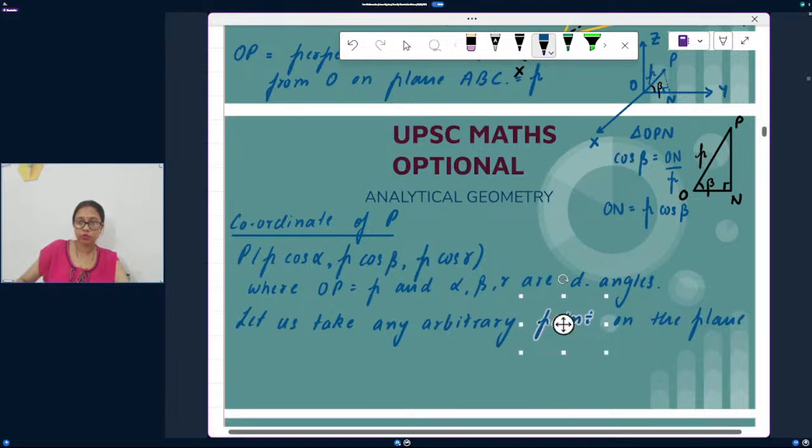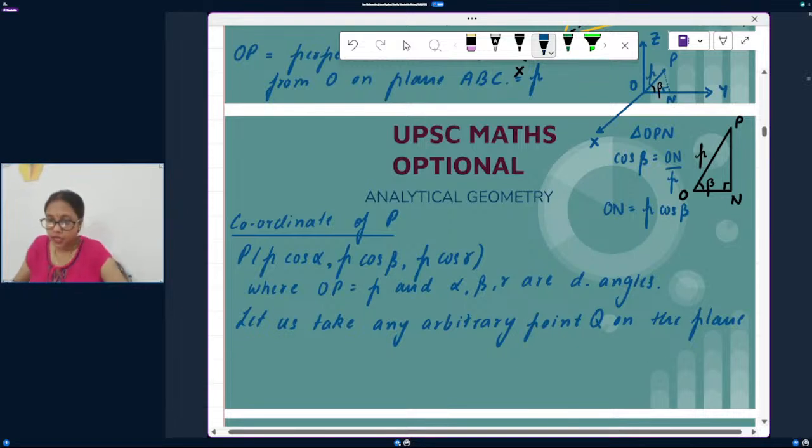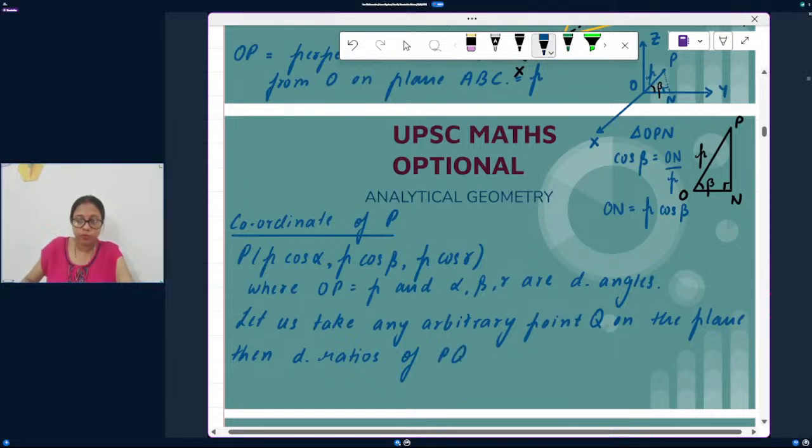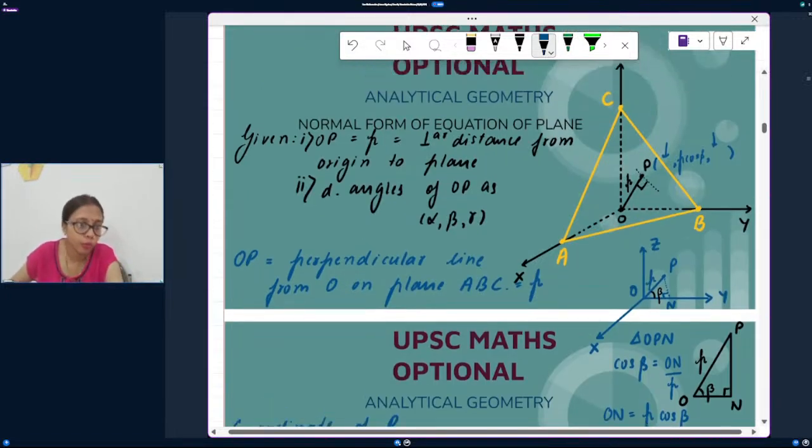Then consider the direction ratios of PQ. PQ is a line, and P is also a point on the plane. Q is a random point on the plane, and it can be anywhere basically.